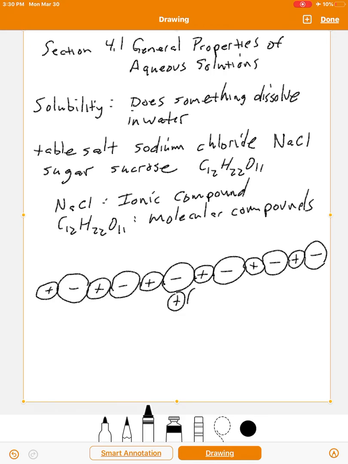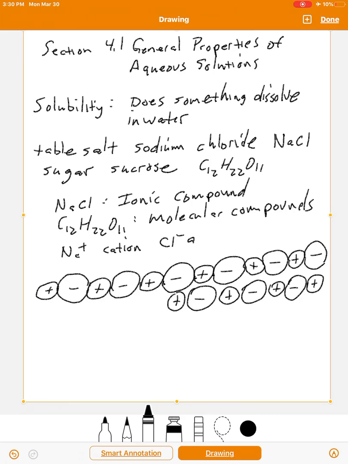Below that first surface level, there's another layer of ions, just like the first layer. I'll just draw a few of them right there. So that's what we would expect for an ionic compound, sodium chloride being an ionic compound. The metal atoms are usually positive ions. So sodium is a cation, meaning it's positive, and chloride is an anion, meaning it's negative.